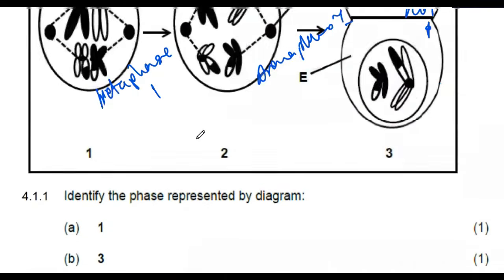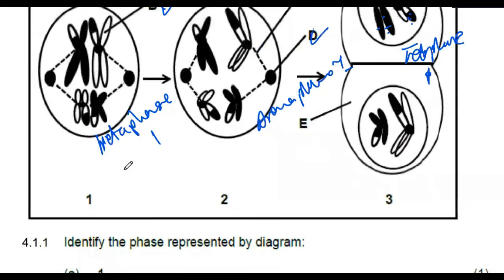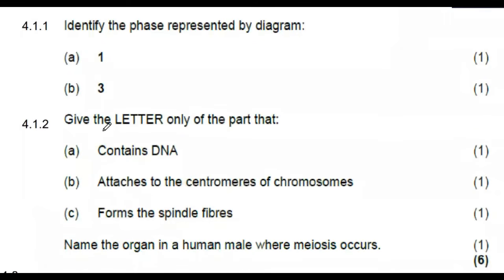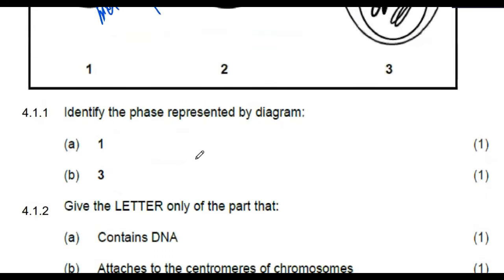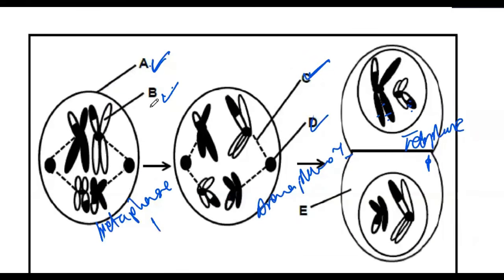So you see that now once you name that, you are able to answer this question. What is phase 1? We have seen it is metaphase 1. What is 3? We have seen it is telophase 1. Then give the letter of only the part that contains DNA. It is B, because in this case they didn't mention any chromosome here.